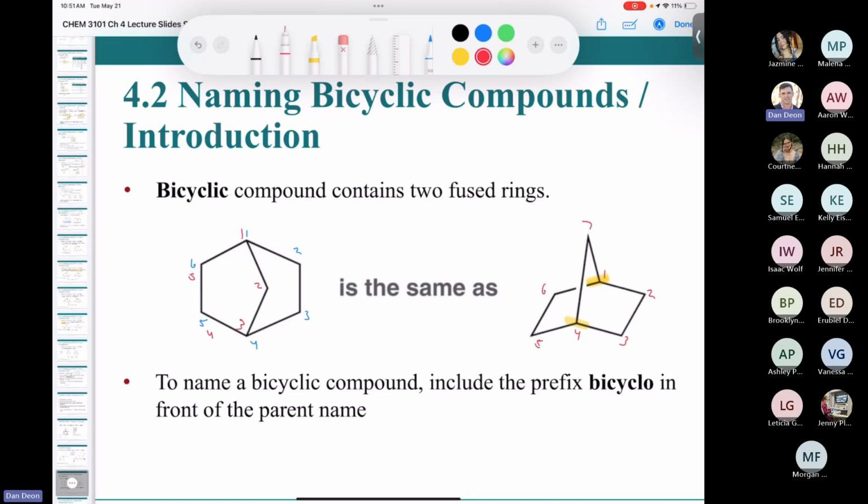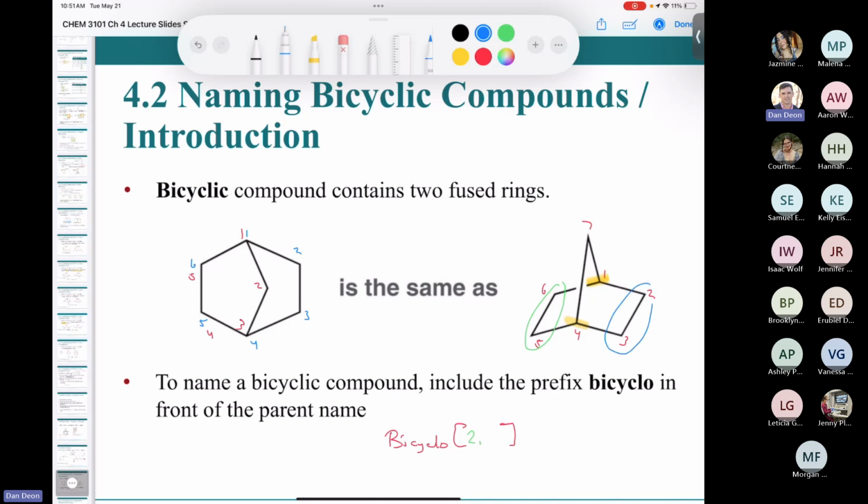The way you would name this is you would say bicyclo, and then you put an open square bracket and a closed square bracket. Then inside the square brackets, you put 3 numbers, which are the lengths of the bridges. Those 2 highlighted carbons are the bridgehead carbons. One of the bridges has 2 carbons, so we put a 2 dot.